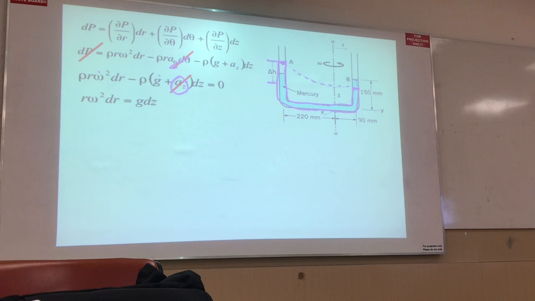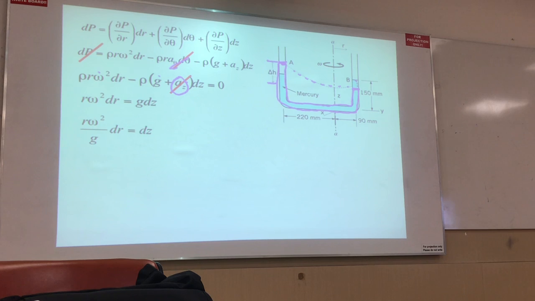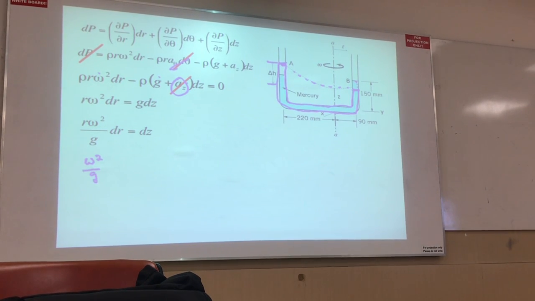Then I can write R omega square dr equals g dz, and find this equation. Then I can write omega square over g times the integration of R dr equals the integration of dz.